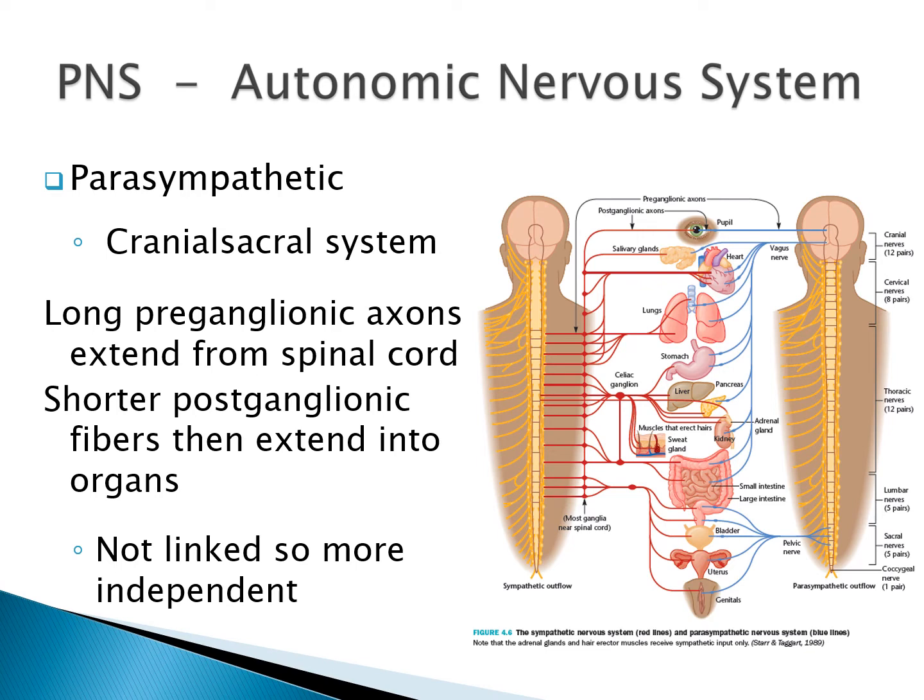So we have these shorter postganglionic fibers that are then communicating with those target organs. One of the things that I think is nicely clear from this picture is how the sympathetic nervous system has this chain, they're close together, they are acting in sympathy, they are very dependent on one another and very linked. In the parasympathetic nervous system, we don't have that same kind of linking. It's a much more independent system.